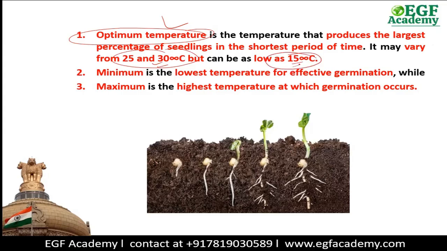Actually, it varies from seed to seed. Different plant species germinate at different temperatures. Minimum temperature means the temperature below which germination will not take place. And maximum temperature is the temperature above which germination will not take place. So what do we call the range of temperature? The most favorable temperature is called optimum temperature.